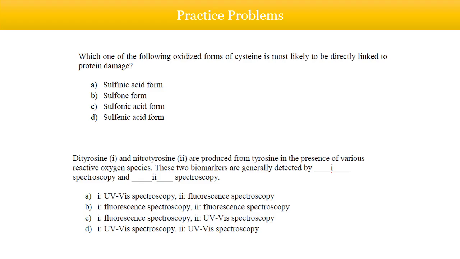Dityrosine and nitrotyrosine are produced from tyrosine in the presence of various reactive oxygen species. The two biomarkers are generally detected by dash and dash spectroscopy. So, which of the two spectroscopy can be used to detect dityrosine and nitrotyrosine?